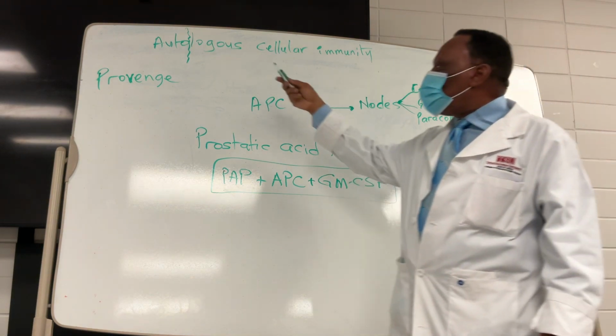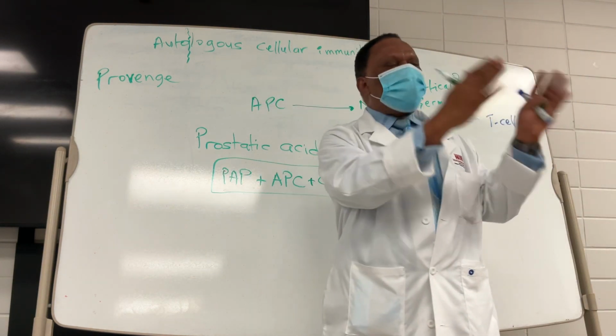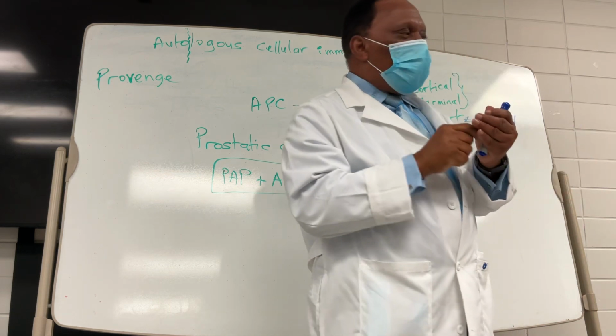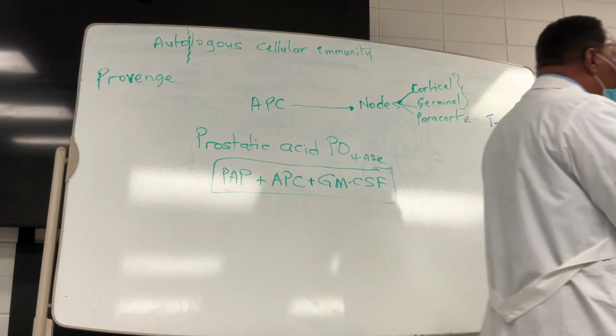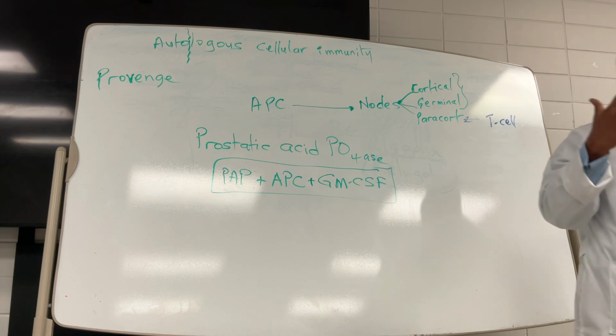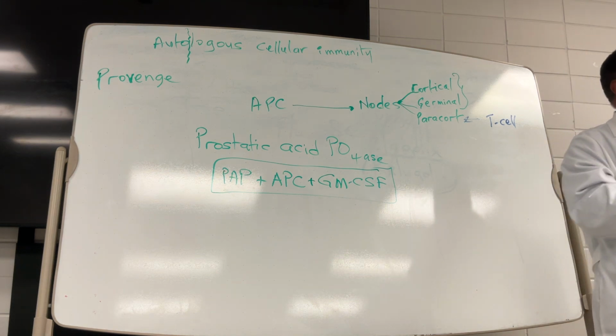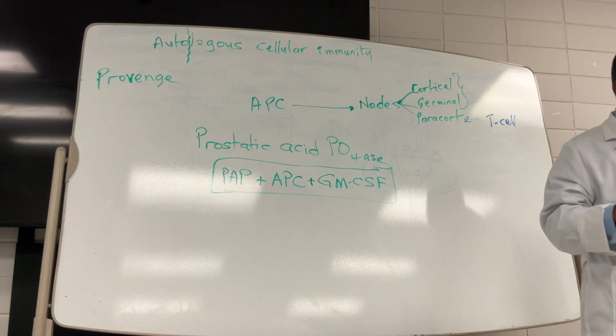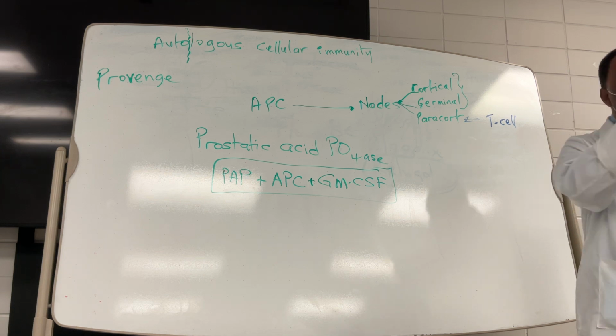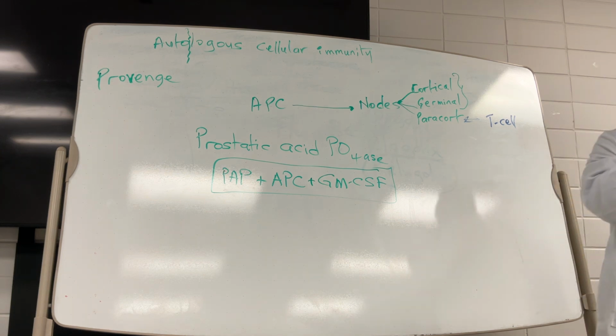That's why it says autologous. So it is patient specific. And you always have to triple check the name on the bag to make sure that this is the correct patient, because it's only designed for that one patient. It's autologous.